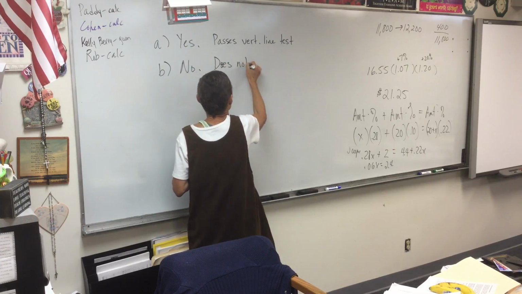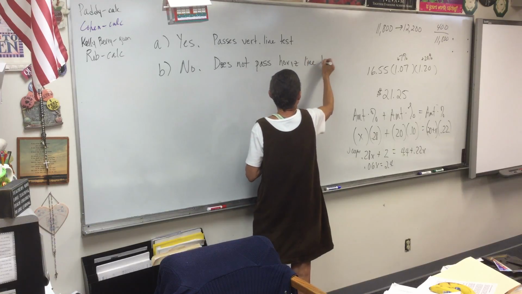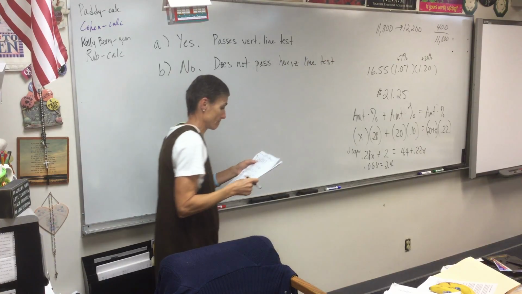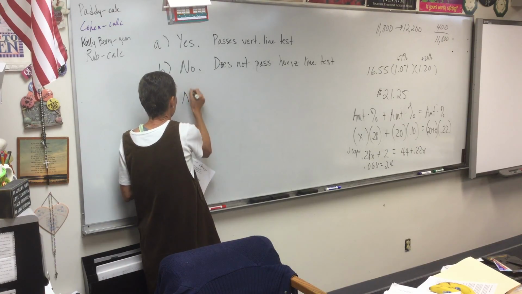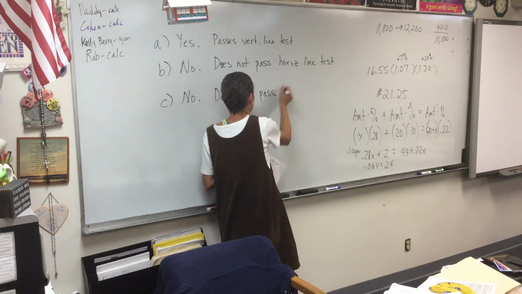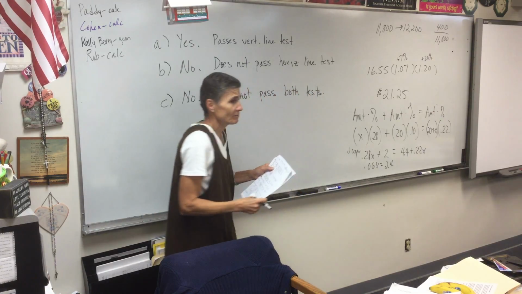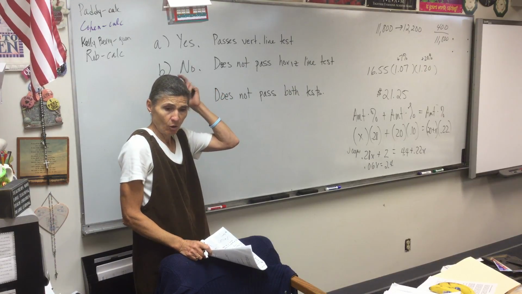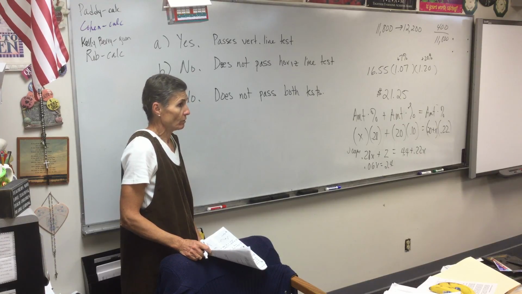Does not pass horizontal line test. Is it 1-to-1? No. Does not pass both tests. To be 1-to-1, you have to pass the vertical and the horizontal. This one only passes the vertical. It's a function. Its inverse is not a function.